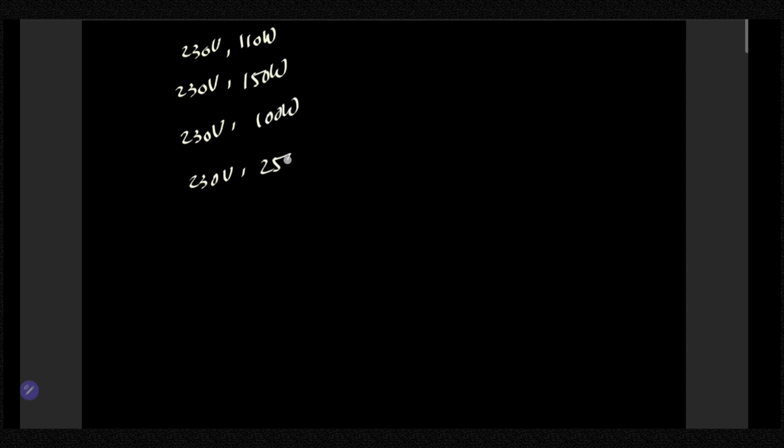I'll give you another example. Same voltage rating. Consider 4 bulbs: this is 110, this is 150, this is 100, this is 250, and all of them are connected in series.